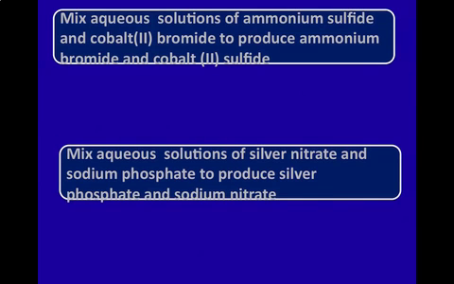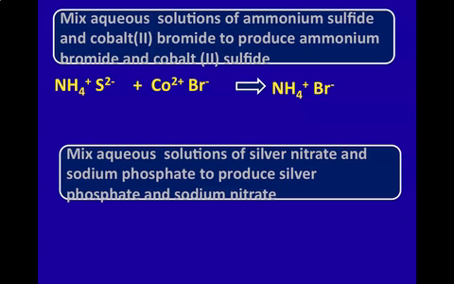Mix aqueous solutions of ammonium sulfide and cobalt(II) bromide to produce ammonium bromide and cobalt(II) sulfide. So here's ammonium sulfide, and I'm not going to do the crossover right now, but you would of course need to if you're writing a full equation. There's cobalt(II) bromide. There's ammonium bromide, that's what we're producing, and cobalt(II) sulfide. Again, I have not done all my crossovers, and you would want to do that.